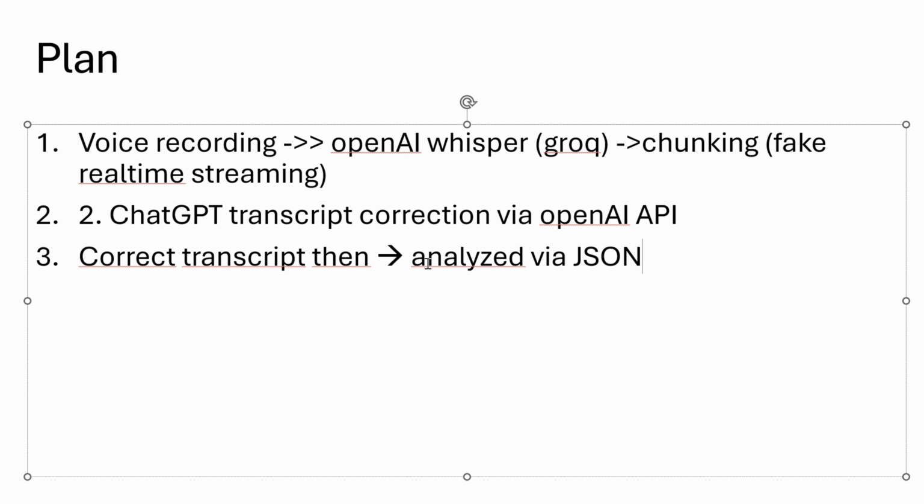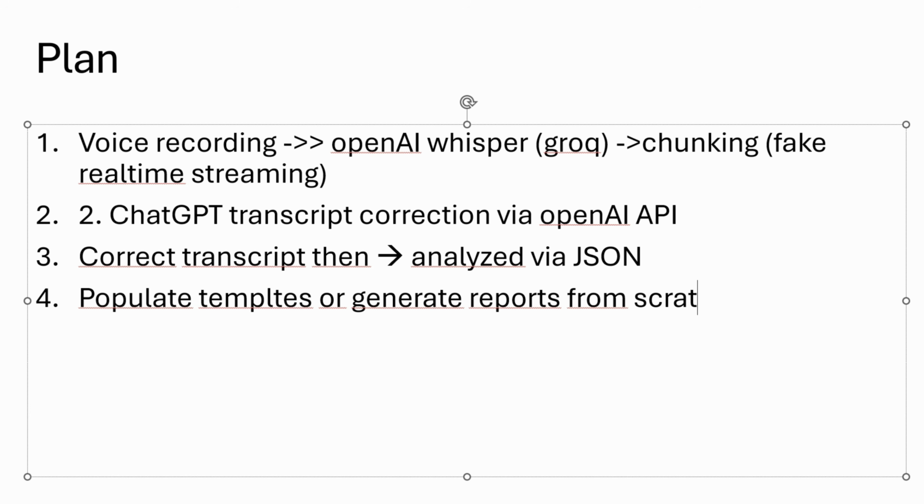That's basically formatting it into machine code. And then we can either populate templates or generate reports from scratch using OpenAI ChatGPT again. So this is basically our stack here.